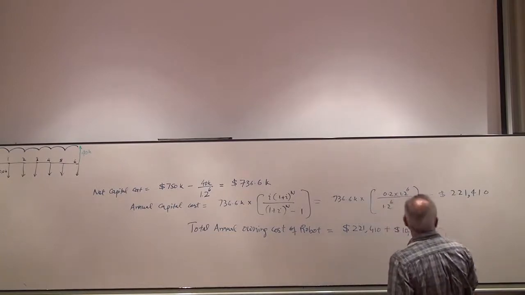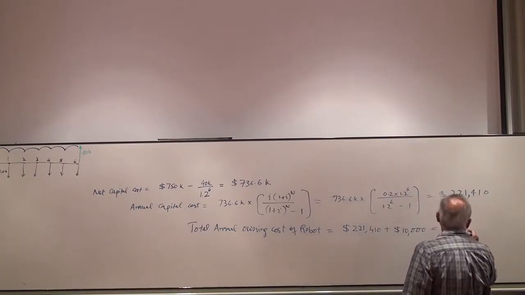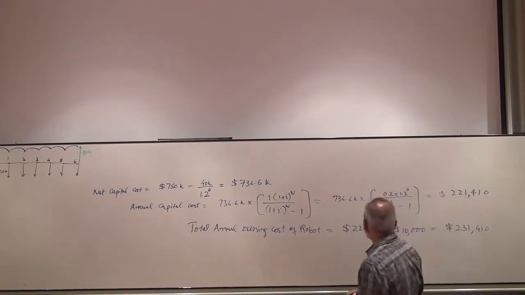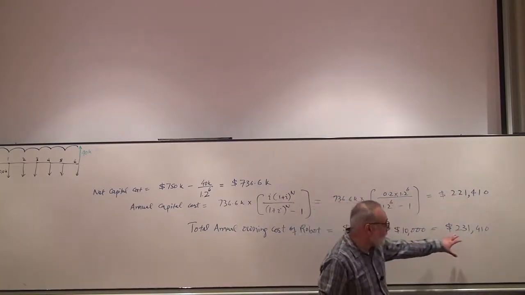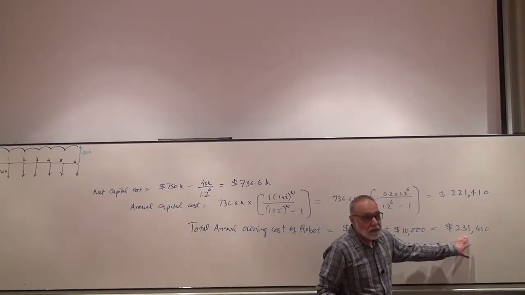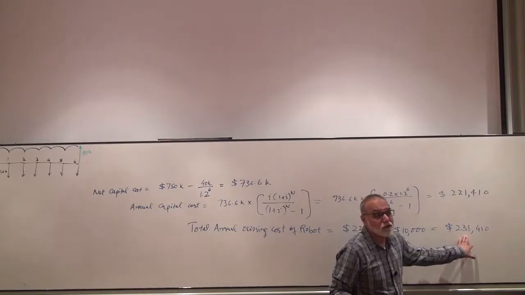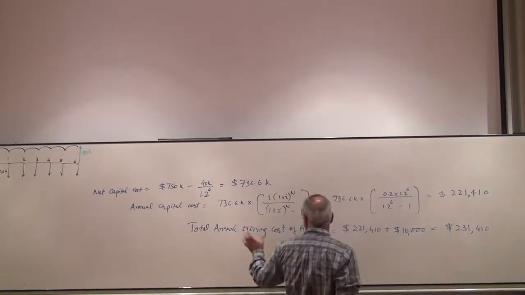So we have $231,410. This means that these are the annual owning cost of this robot.